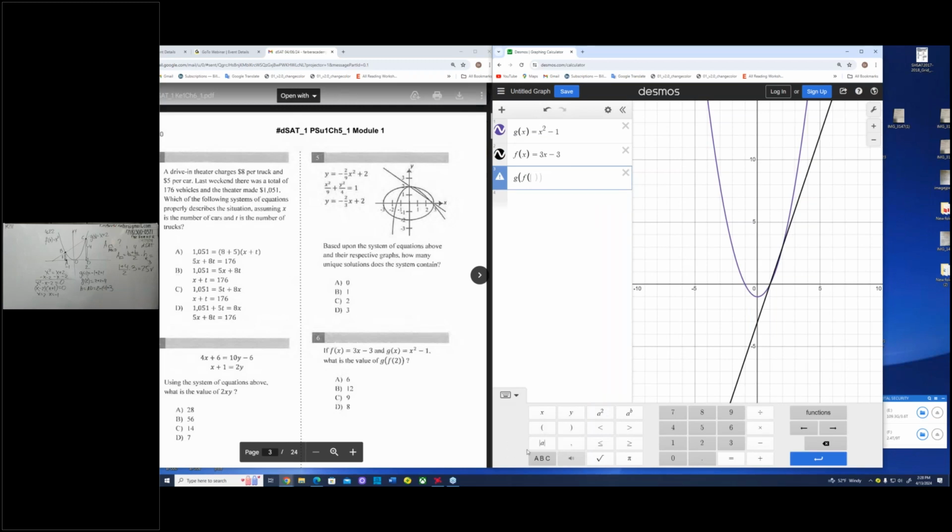What is it? 2. Okay, and you instantly get the answer. This answer perfectly matches this one. So again, the second advantage is that you can use this for composite functions. So far, so good, students.